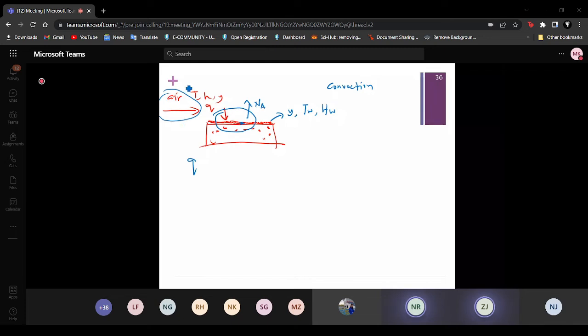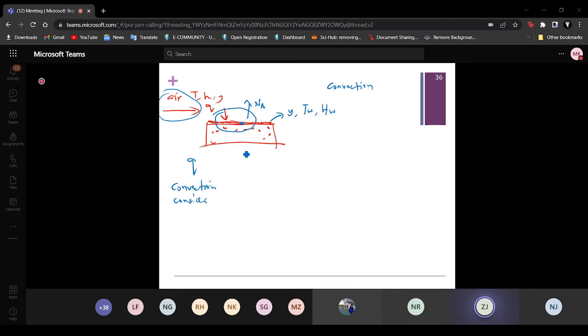So in this case, if we look at this, we will take only convection. Okay, let's go small first. Whereby we only consider convection, because it's from air in contact with water film.